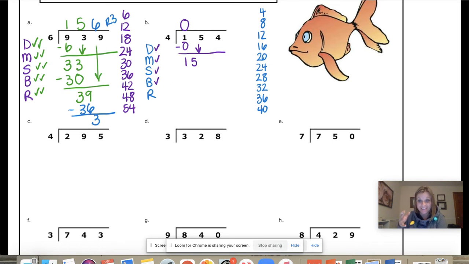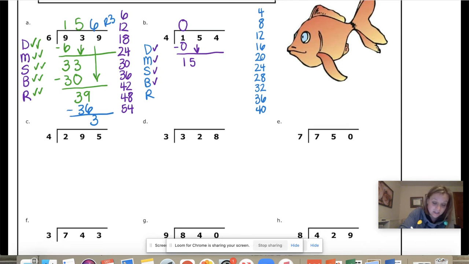Okay, let's finish out this problem. I have 15 that I am dividing by 4. Let's count. How many multiples of 4 are in 15? 1, 2, 3. So 15 divided by 4 is 3.